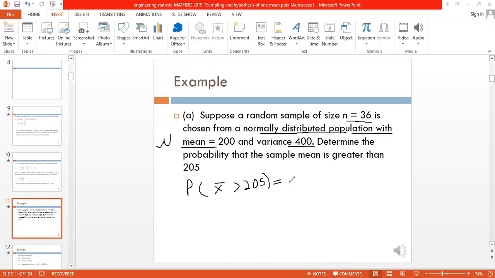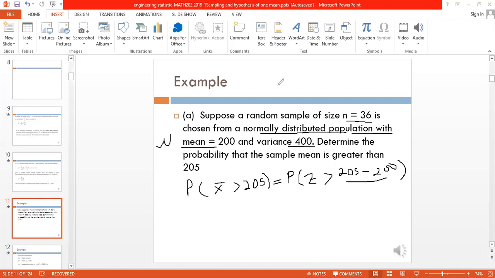So this is just an extension of what we did in the last class. First we have to standardize. And in standardizing, like we said, to change to Z, it will mean subtracting the mean of the population, which is mu, 200, and then dividing through by the standard deviation.